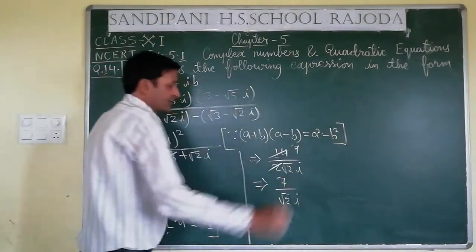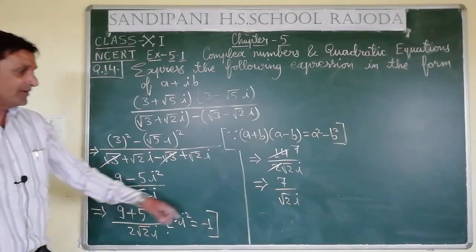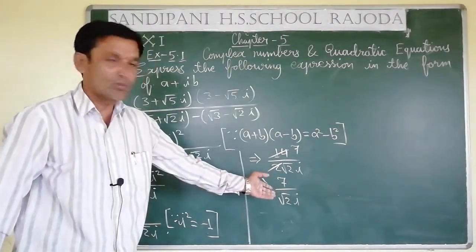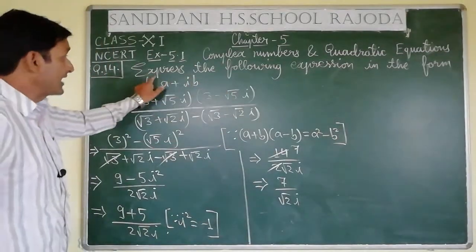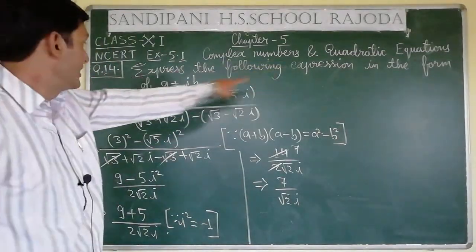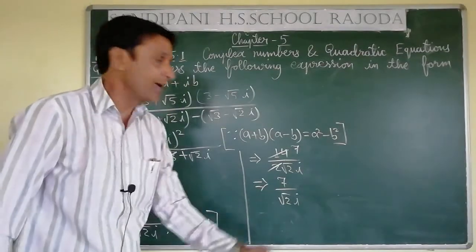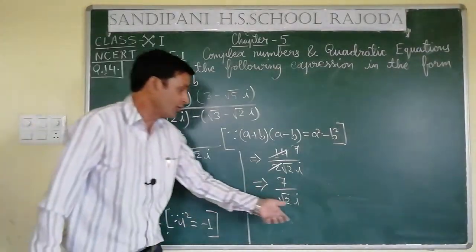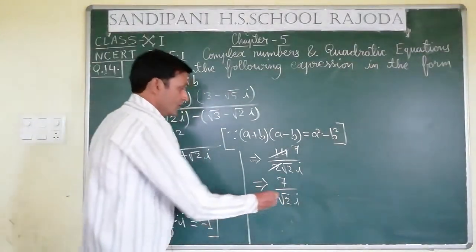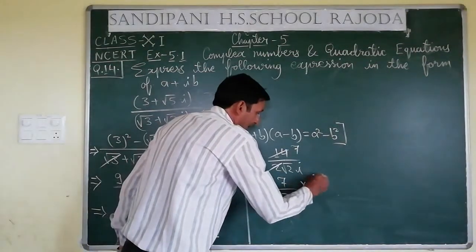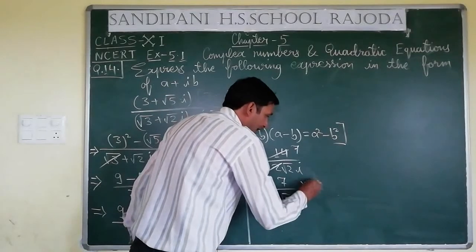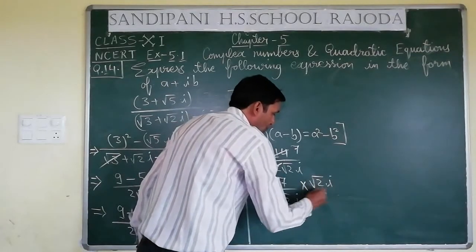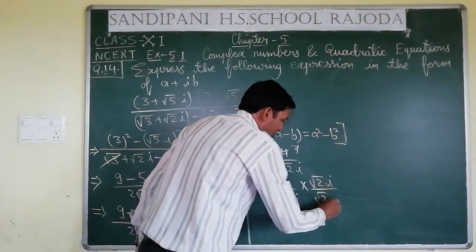Now here a mistake is possible. Which type of mistake? That you may leave this question here only. But what is asked in our question? That express the following expression in the form of a plus ib. So what we have to do? We have to rationalize it first of all. So for rationalizing, we have to multiply it by root 2i directly, and then divide it also by root 2i.